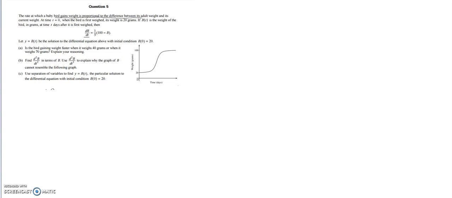Let y equals B of t be the solution to the differential equation above, with the initial condition B of 0 equals 20. So what this dB over dt represents is the rate at which it gains weight per day. So we will be using this in part A as seen.